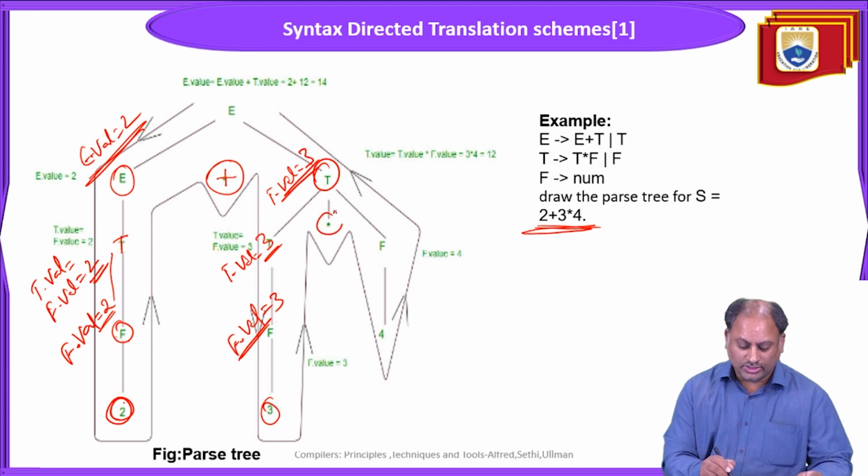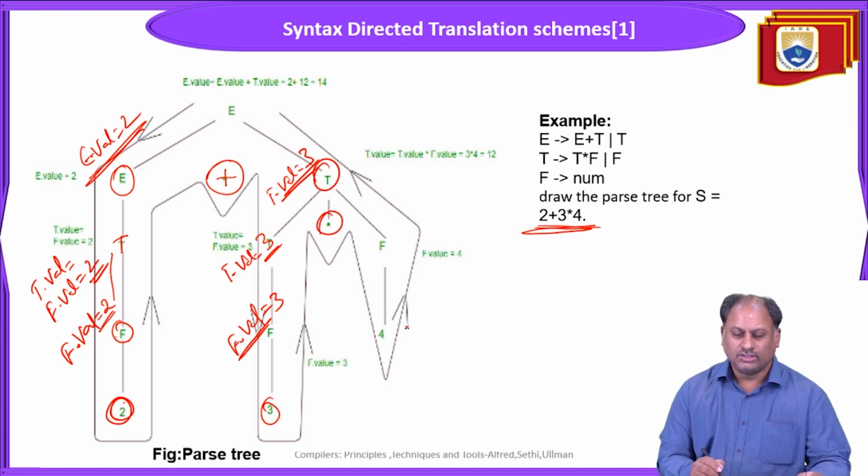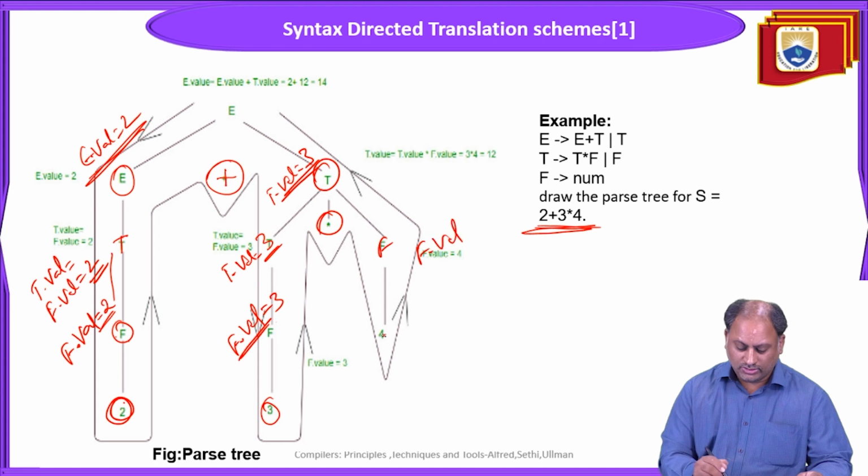Now the star operation is as this, and then that is to be carried out with the corresponding branch here. F, what is F dot val? Here 4 is available. Now this 4 is passed to the attribute association of this variable F, so F dot val equal to 4. Now this 3 and this 4 both are to be computed.